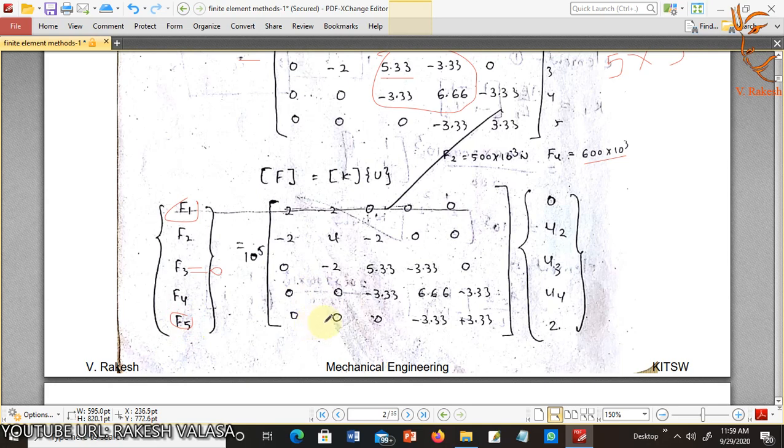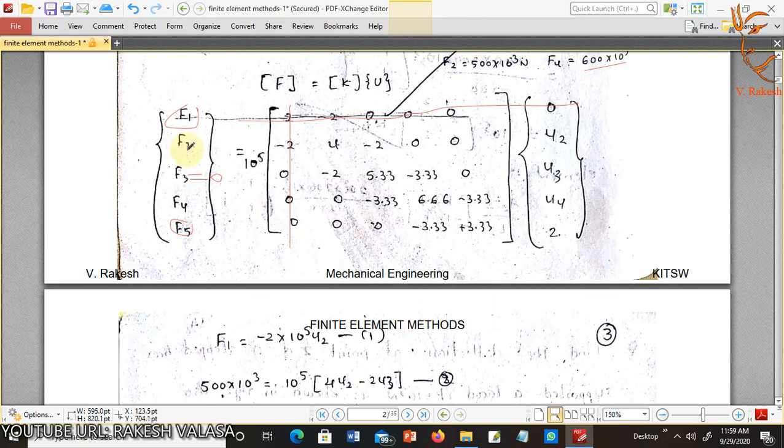Now apply the boundary conditions. Node 1 is fixed, so you can eliminate the first row and first column. Next you can write the remaining elements F2, F3, F4, F5, 10 power 5 into this matrix. The displacement vector is this vector.